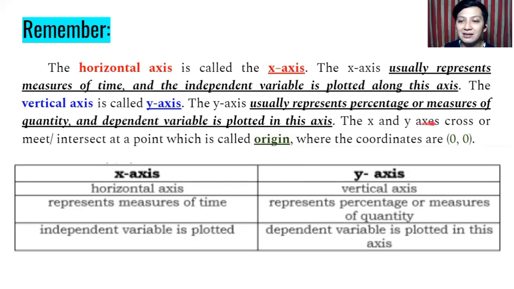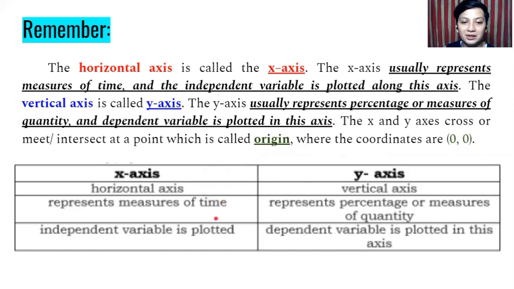So the x and y axis cross or meet or intersect at a point which is called the origin. Kung saan sila yung intersection point nila, that is what you call origin. Kung saan sila magtatagpo. Where the coordinates are 0, 0. So, syempre, doon sila mag-limit talaga. 0, 0. So, x-axis, let's differentiate the two.